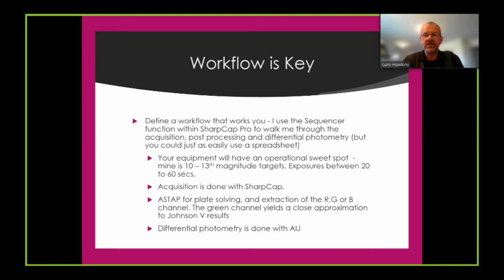I typically extract the green channel since this will give you results that approximate very closely to using a Johnson V filter with a monochrome CMOS or CCD camera. And I do all my photometric analysis using the tool AstroImageJ, which was initially designed for exoplanets, but is a very good tool for standard differential photometry.